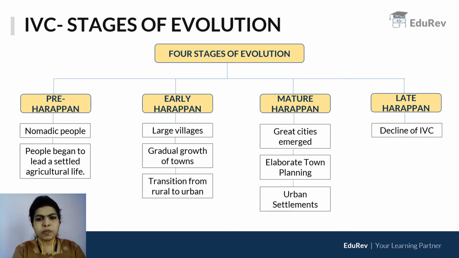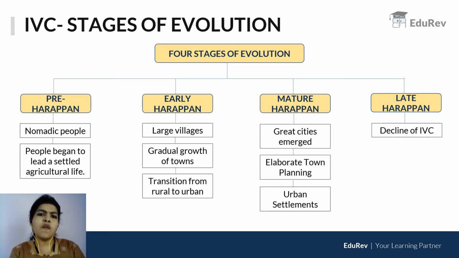Pre-Harappan is primarily a nomadic style of living. Only in the early Harappan you had the formation of large villages, gradual growth of towns, and a transition from rural to urban. And the most urbanized system of IVC is the mature Harappan.